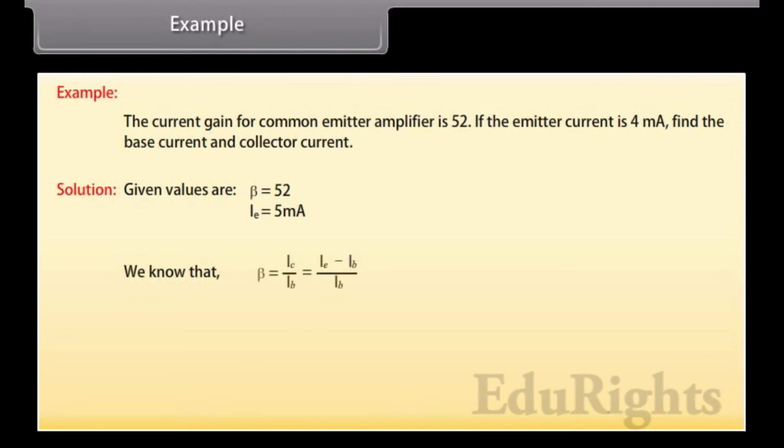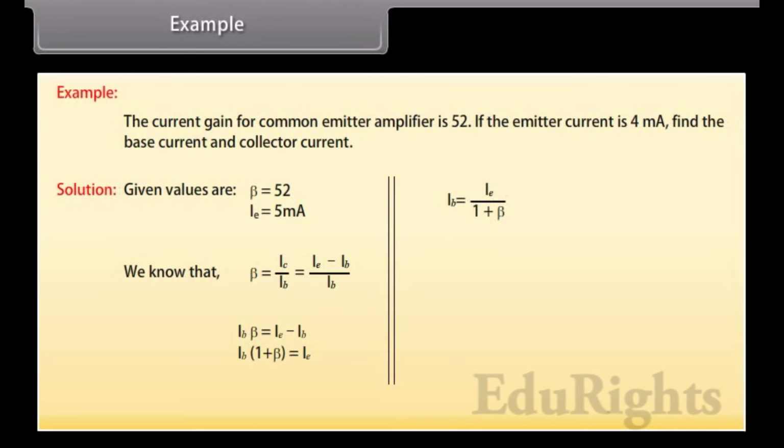We know that beta is equal to IC upon IB, which is equal to IE minus IB upon IB. On simplifying the expression we get IB is equal to IE upon 1 plus beta.